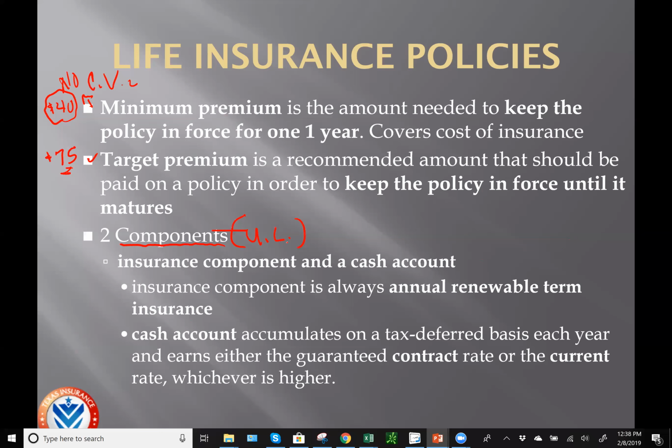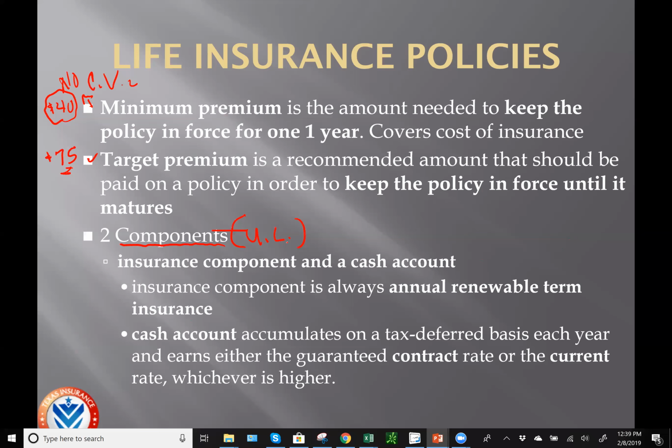And you're going to learn what that annually renewable term insurance is here in just a few minutes. The second component is the cash account. Cash account is where you are going to build your cash value. It accumulates on a tax-deferred basis each year, and it will either earn the guaranteed contract rate or the current interest rate, whichever is higher.